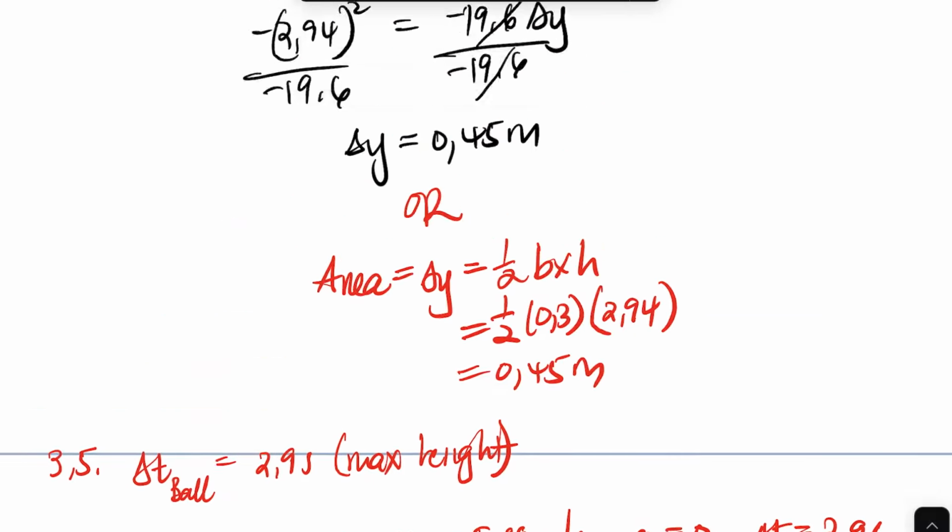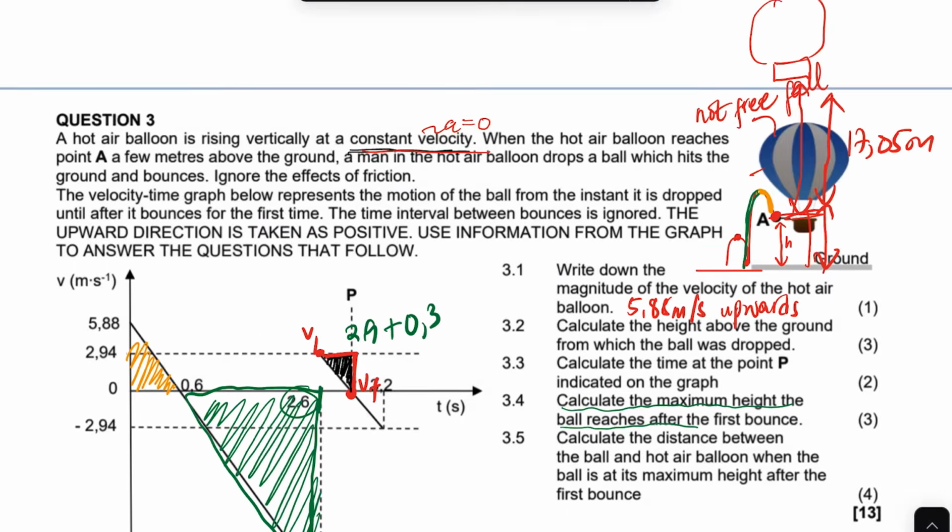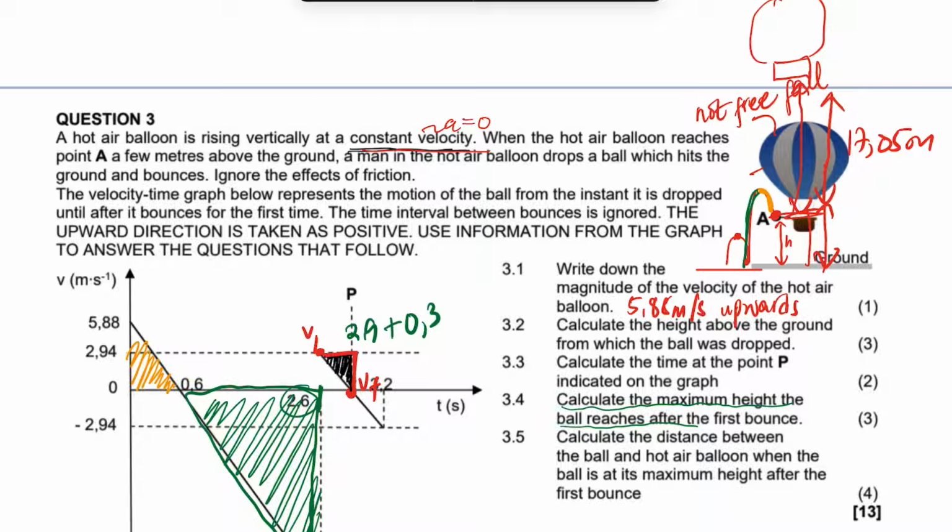What do I mean by this? Why did I add these two? The 17.84 was the height, and then now we added this, so it's the height of the hot air balloon from the ground. So what are we going to do in order to get the distance between them?